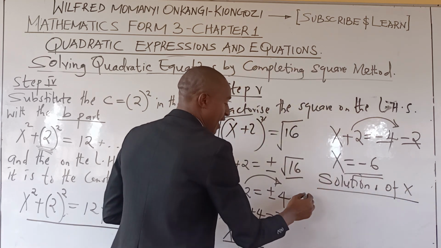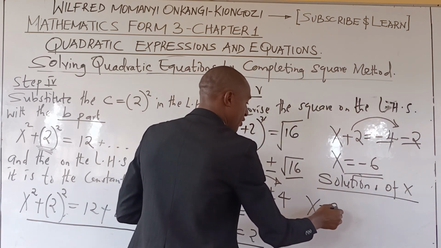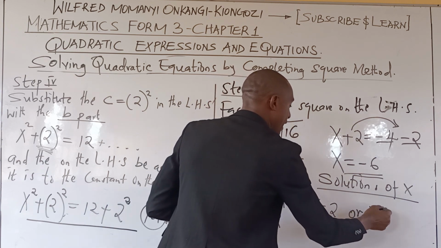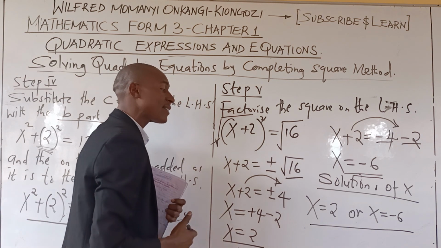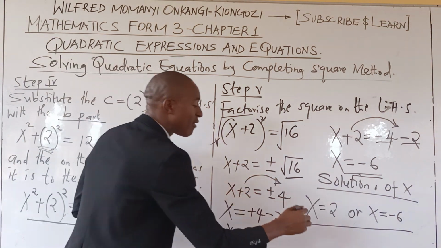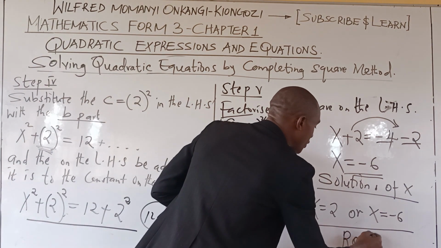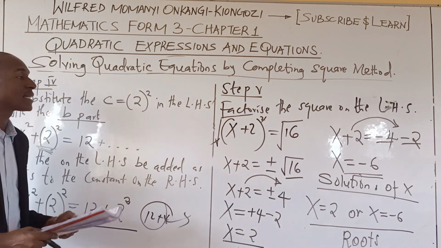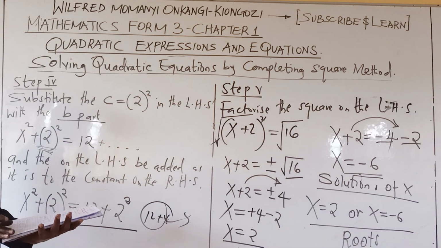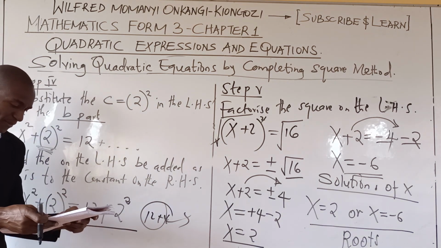So you say x can either be 2 or x is negative 6. In another language, we shall term these two values as the roots of x in this quadratic expression or equation.